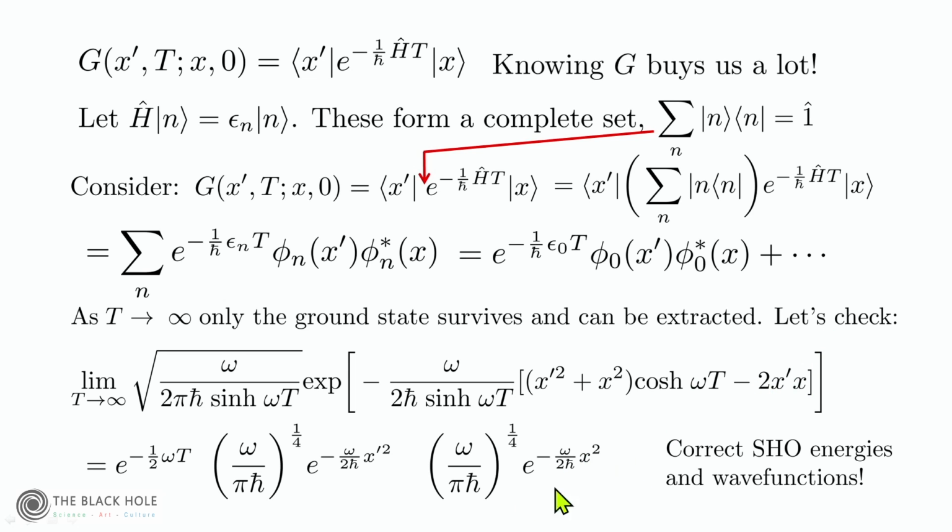And so what I have is the simple harmonic oscillator wave function for the ground state, which is this. And half omega t is the energy of the simple harmonic oscillator ground state.